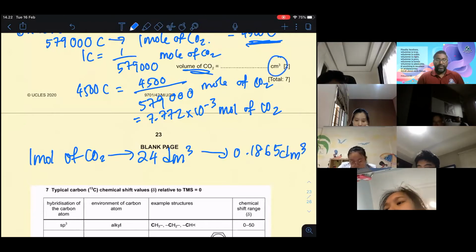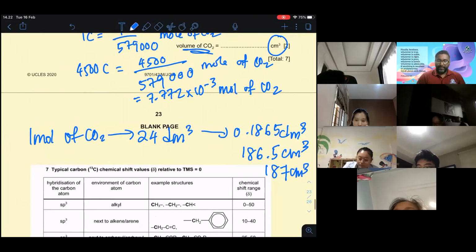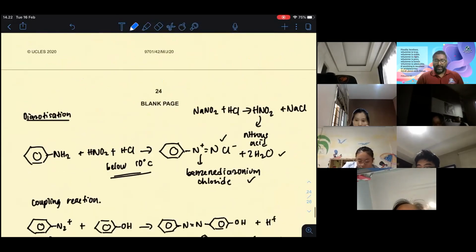I want it in cm cube, so times 1000, which gives 186.5. Better to use 3 significant figures, so we change it into 187 cm cube. Okay, that's it for this paper.